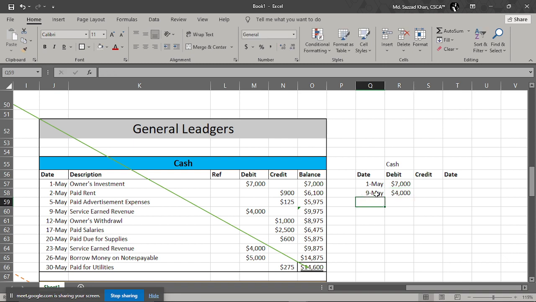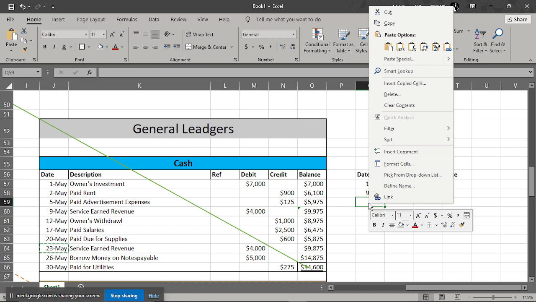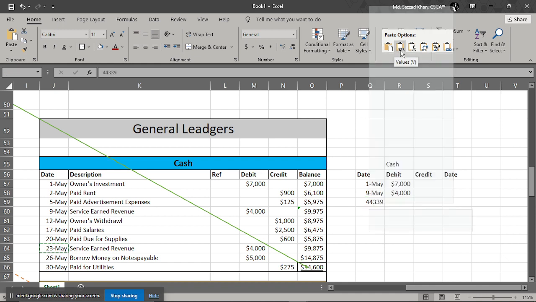Okay. Then when did we find it again? Service revenue. There must be 5,400 as the first one. First one, 5,400.